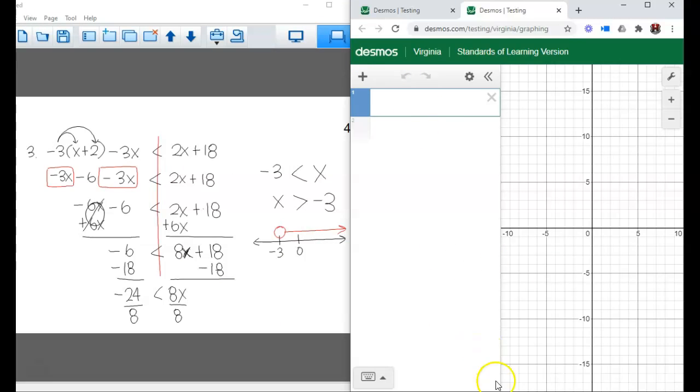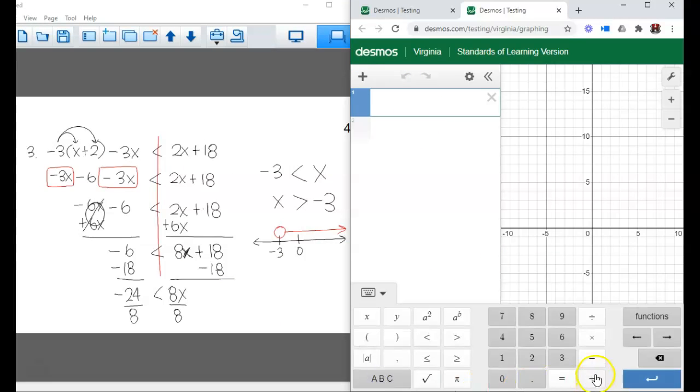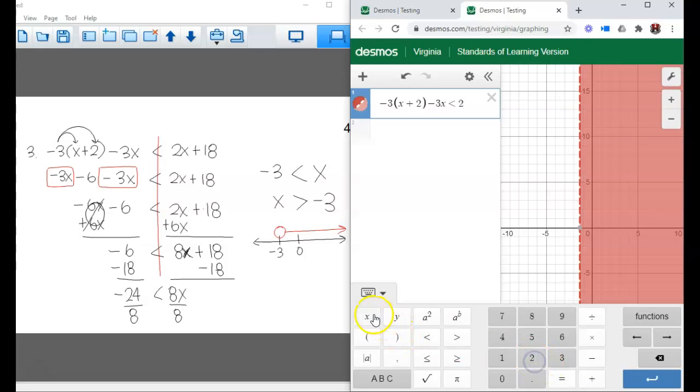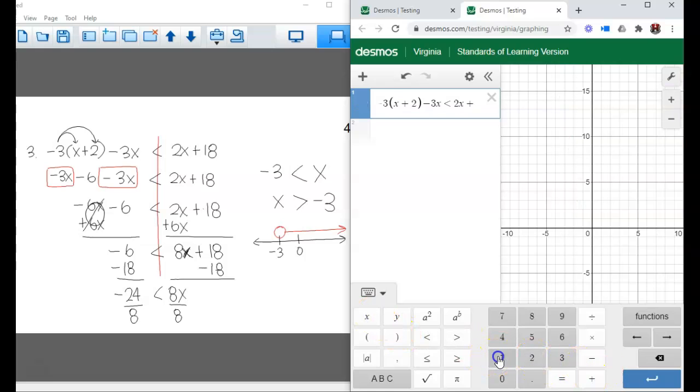So let's put this one that we just did in. Type it in just like you see it. So we'll do negative 3, parentheses, x plus 2, close parentheses, minus 3x is less than 2x plus 18.